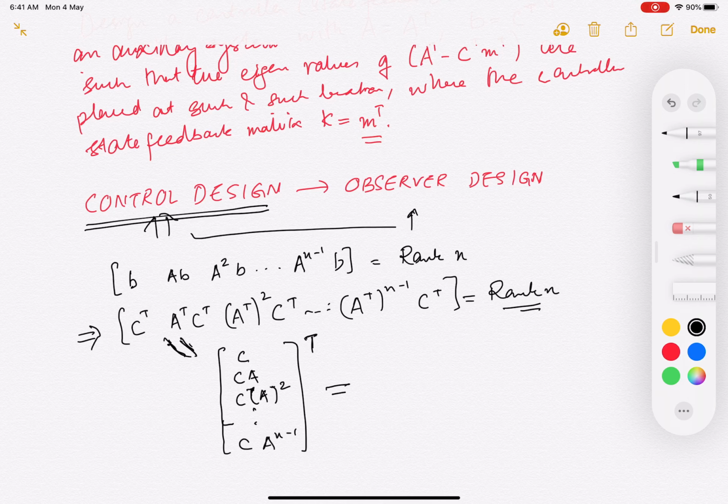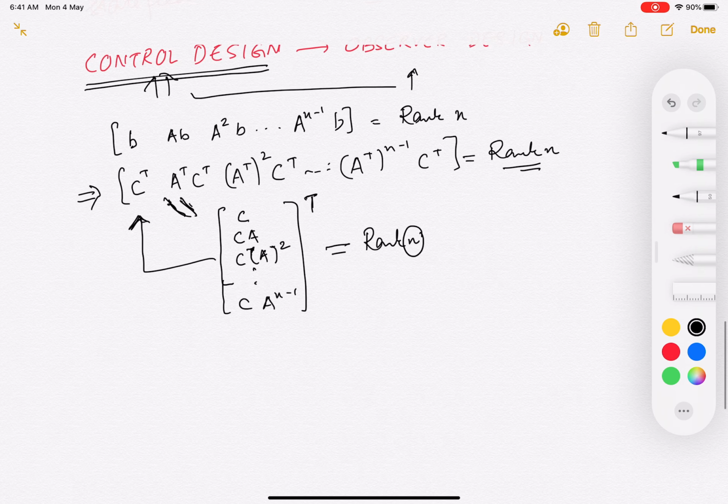So this would have a rank n because the original system is observable. And since the original system is observable, the dual is controllable. And you can see that the dual is controllable because by transposing the original system's observability matrix, you get the controllability matrix of the dual system.